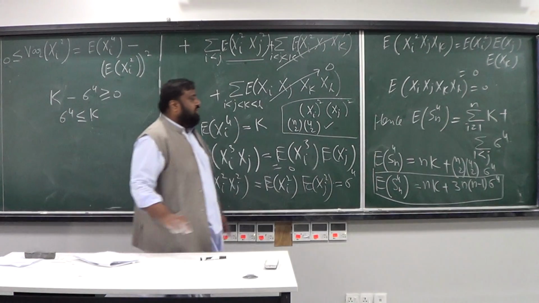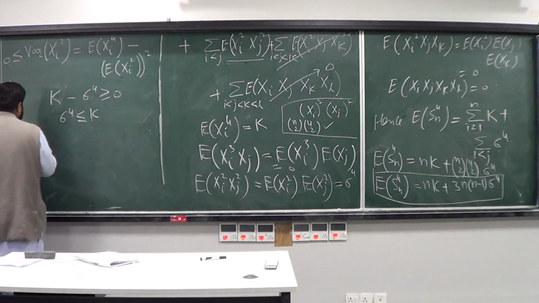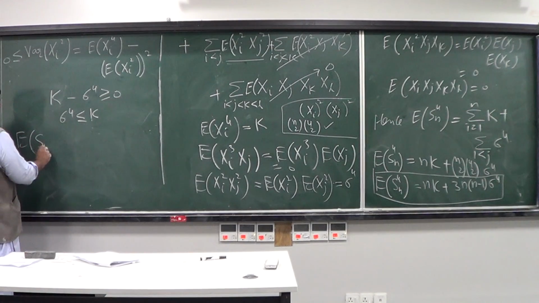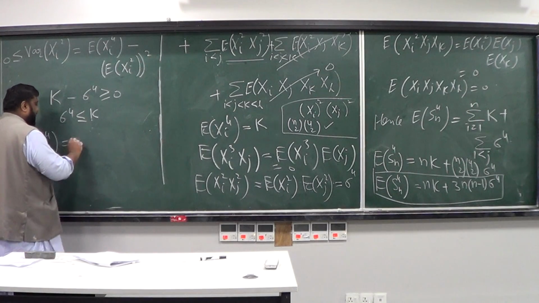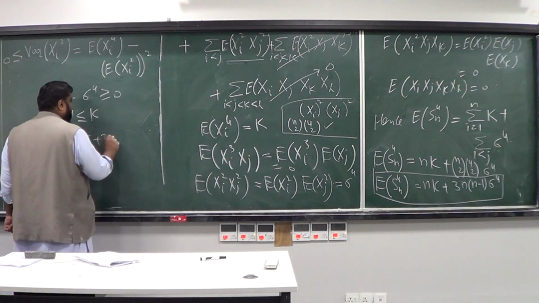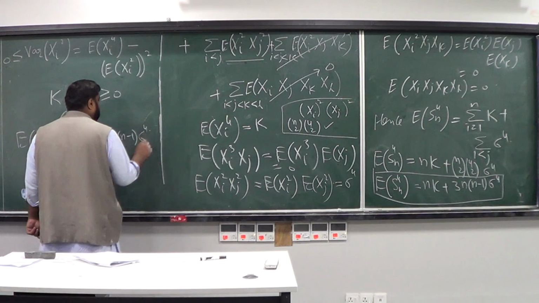Hence, if I use this fact in this inequality, I know that the expectation of Sn to the power 4 is nk plus 3 times n minus 1 times sigma to the power 4.